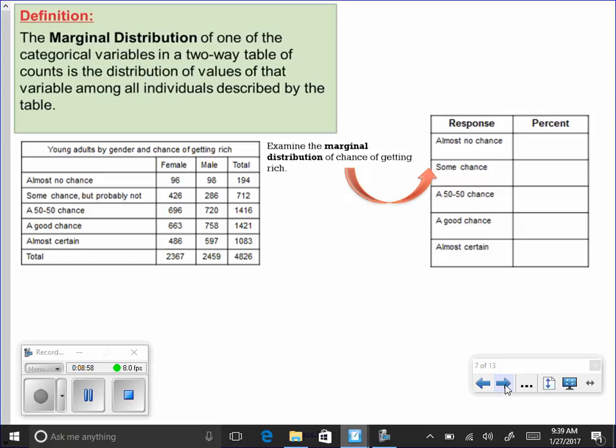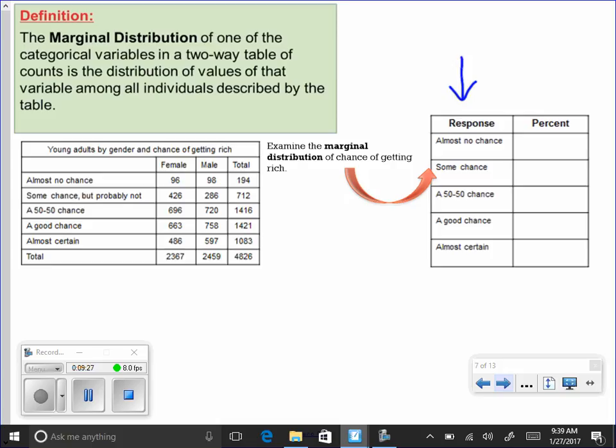So this example says, examine the marginal distribution of chances of getting rich. So the different values that that variable takes on are listed right here under the response. So there's almost no chance, some chance, a 50-50 chance, a good chance, and almost certain. Those are the different values of chances of getting rich. So we're going to look at the total. How many people answered there's almost no chance of getting rich?